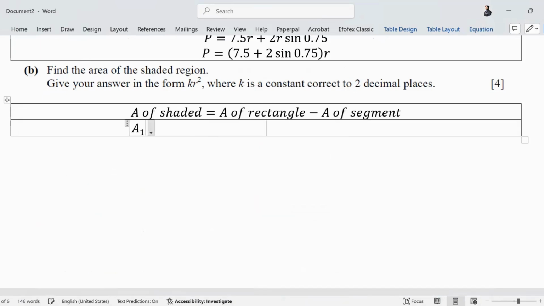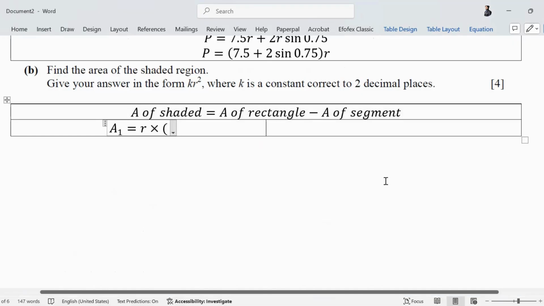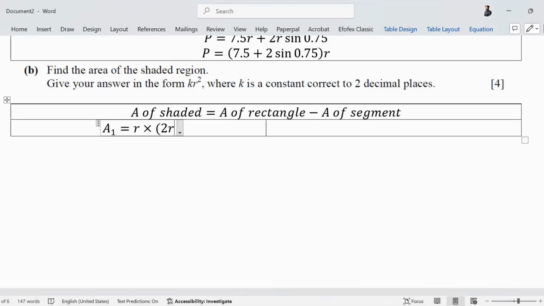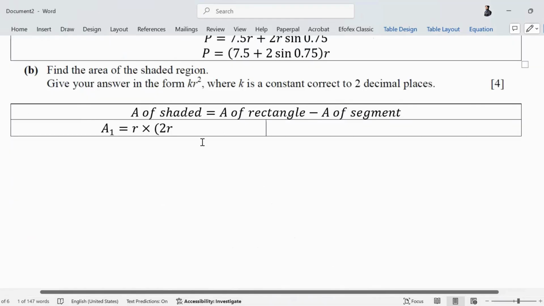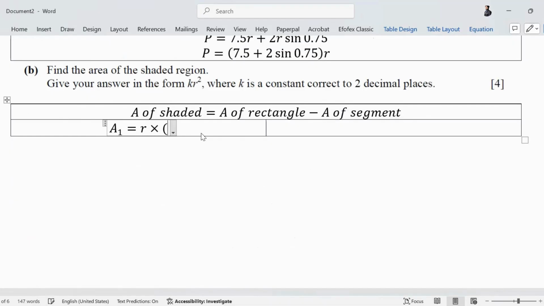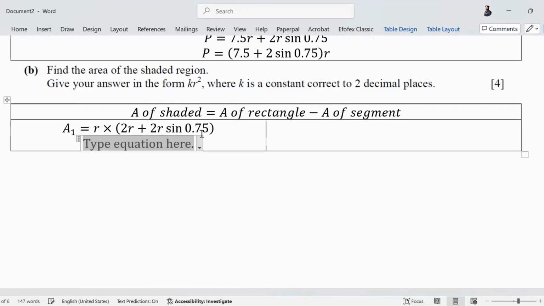So A1, the rectangle, equals R multiplied by the whole length that we found, which was 2R plus 2R sine 0.75. Area 1, the area of the rectangle, is 2R squared plus 2R squared sine 0.75.